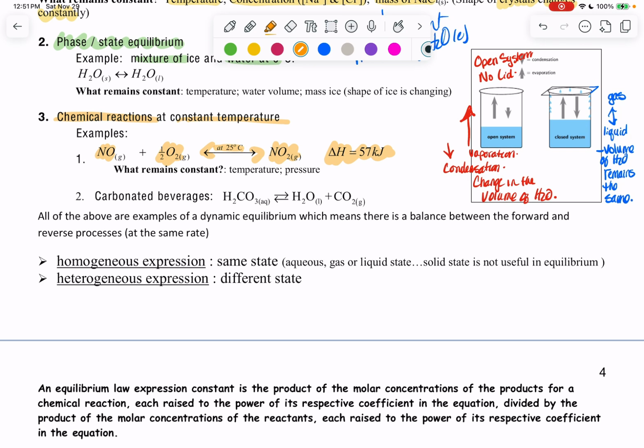For carbonated beverages in a closed bottle or can, this is carbonic acid.